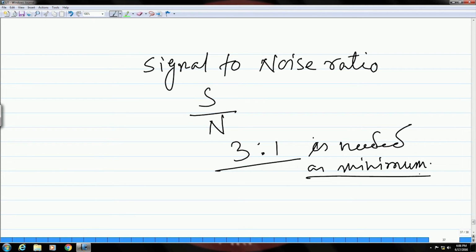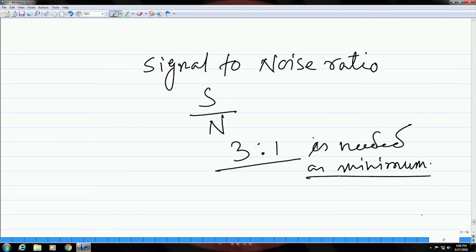And this particular parameter depends on several factors related to the probe and the material. So, let us see what are those parameters which control the signal to noise ratio. So, this can be written in terms of those parameters in this way.